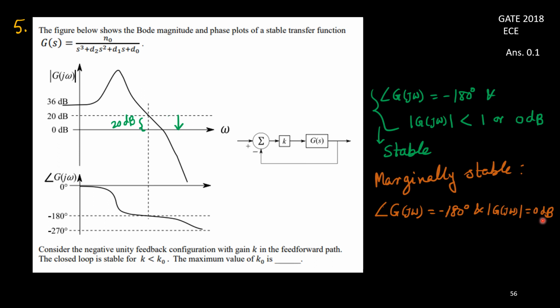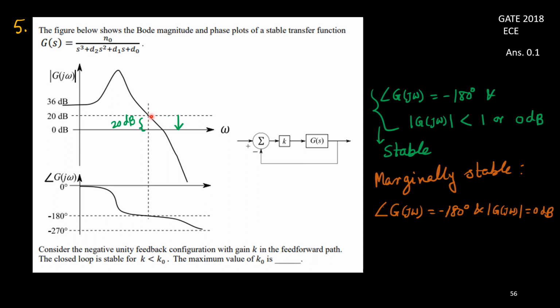This plot, if I scale it, goes upward or downward; it is lifted up or it goes down because of the DC gain k. If k is more than 1, then it is shifted up, and if k is less than 1, then it is shifted down.